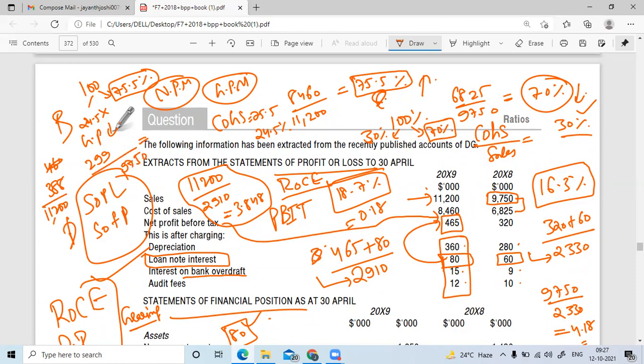Can you tell me the ratio? The 388 by 11,200, yes. 3.46. And what about 299 by 9,750? 3.06.